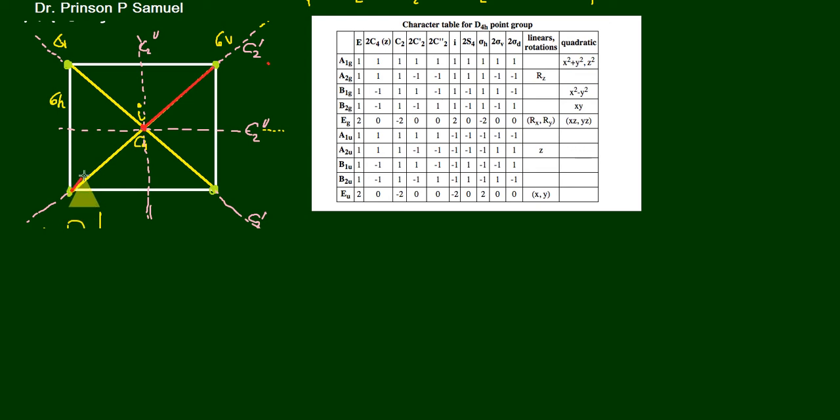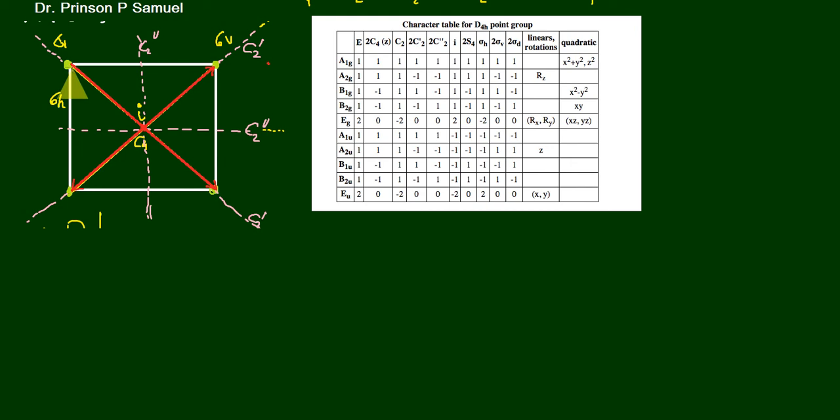This is another bond vector, and here is another bond vector, and here is another. These are passing through the bonds, so these are vectors. Here are the arrowheads of the vectors. The vectors are in this direction.